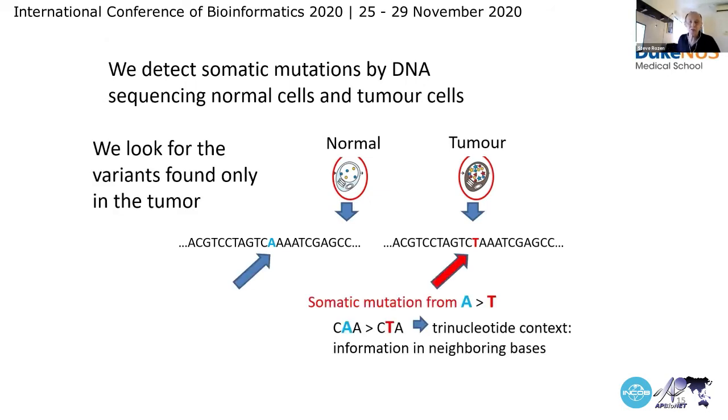And we look for the variants that are found only in the tumor. So here, there's a T in the tumor, and an A in the normal. And so we had a somatic mutation from A to T. And we're going to mostly think about these in the context of the preceding and following nucleotides. So we're going to think of this as a CAA to CTA mutation.